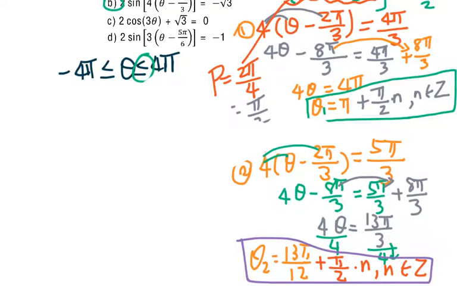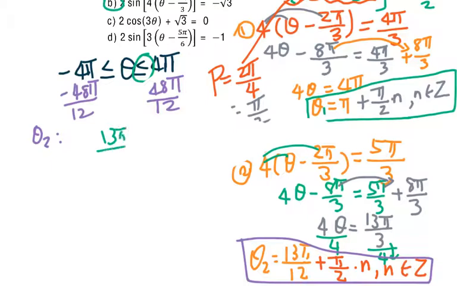And you want to list from negative 4 pi to 4 pi. I figure out that the denominator will be 12. So 12 multiplied by 4 is 48 pi over 12, and negative 48 pi over 12 for the other end. So it will be a long list. Let me give you some clues. For theta 2, I have 13 pi over 12.